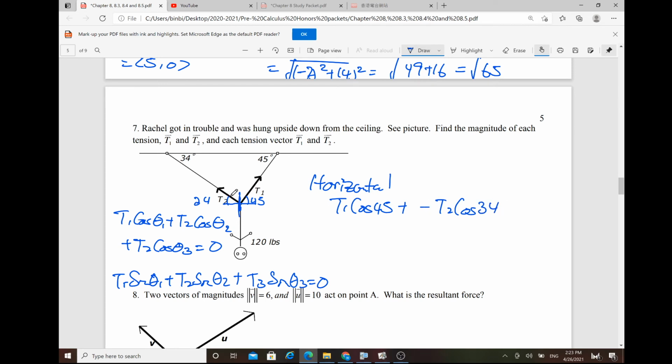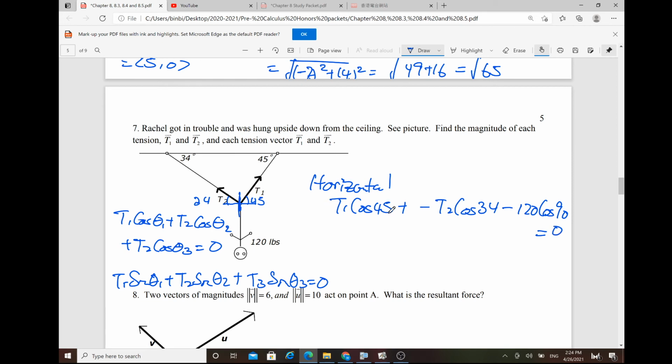Because it's in the second quadrant. And then all the way down, this one pretty much has no force because there's no horizontal component. I mean, you can put it in, it's 120 times cosine of 90, or minus 120 cosine of 90. Again, why is it minus? Because it's upside down, so this one is in between quadrant 3 and quadrant 4. And then it's all 0.